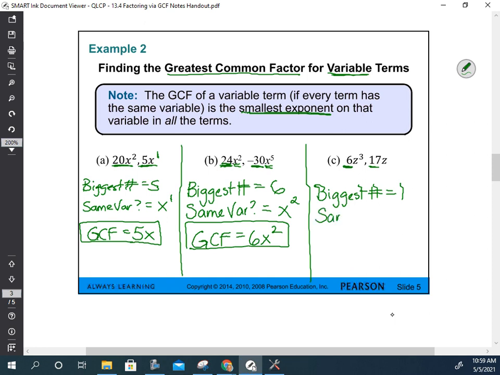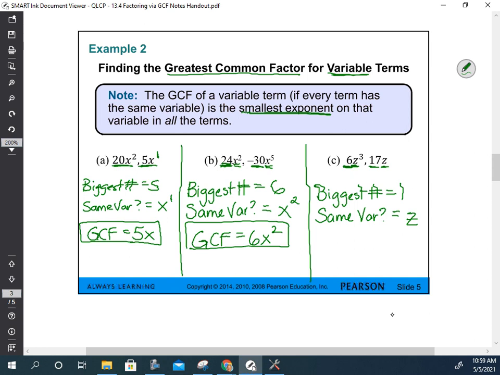Do they have the same variable? So do both of them have a z? They both have a z. They don't have to have the same exponent. You're not trying to add them. You're not trying to subtract them. So as long as they have the same variable, you can pull one out.